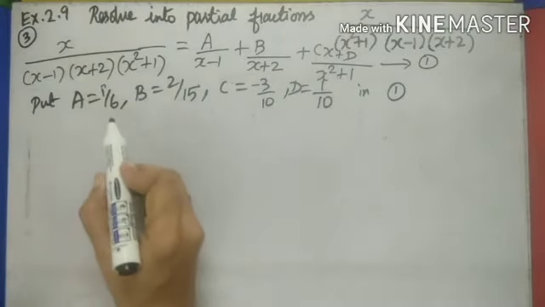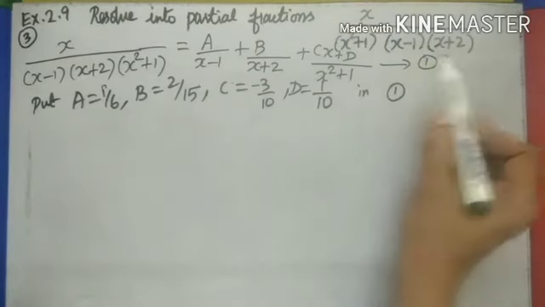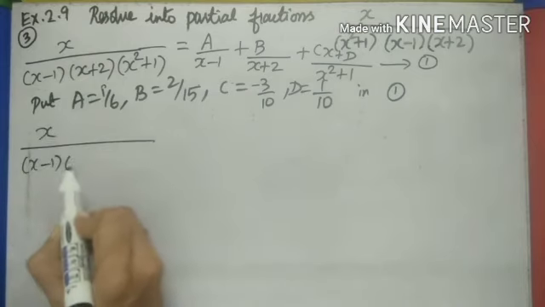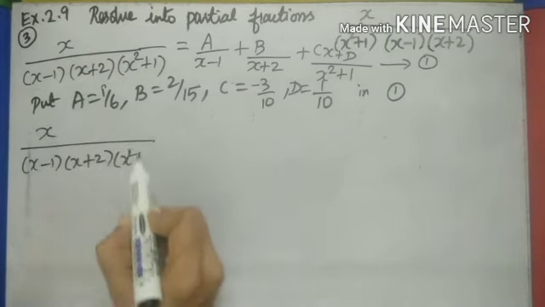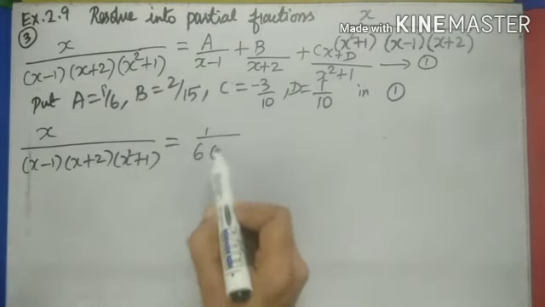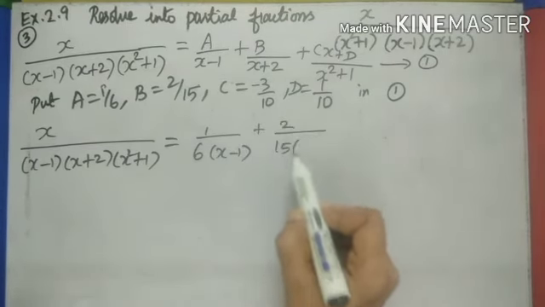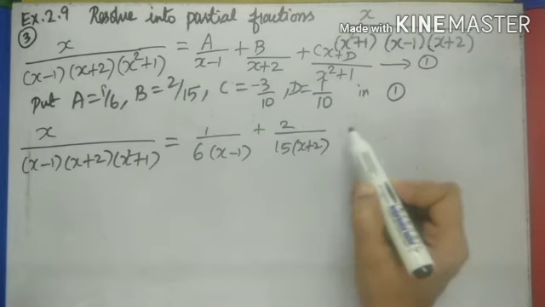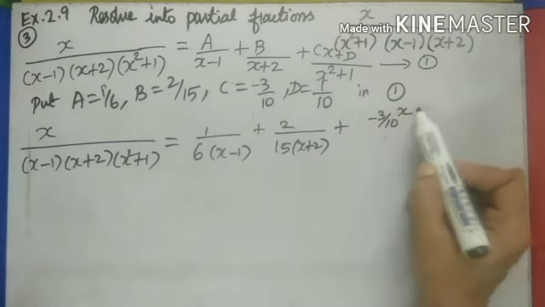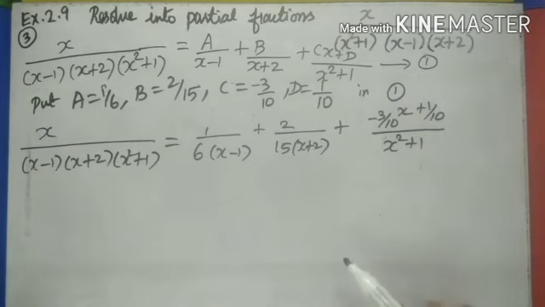So putting A 1 by 6, B 2 by 15, C minus 3 by 10, D 1 by 10 in the first equation, we get x by (x minus 1)(x plus 2)(x square plus 1) equals A value 1 by 6, (x minus 1), B value 2 by 15, (x plus 2), and C value minus 3 by 10 x, D value plus 1 by 10 divided by x square plus 1.